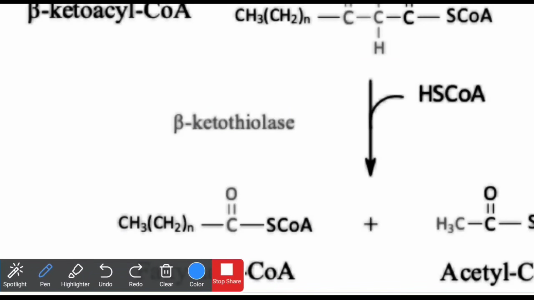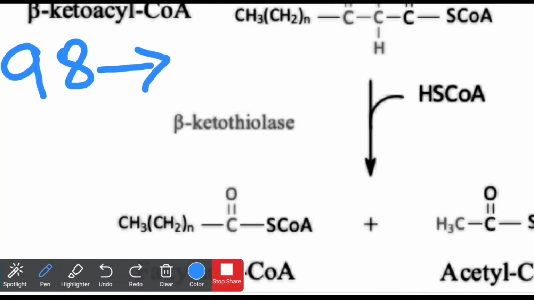If you are asked a question that in a fatty acid chain there are 98 carbon atoms, how many acetyl coenzyme A will be formed and enter the Krebs cycle?